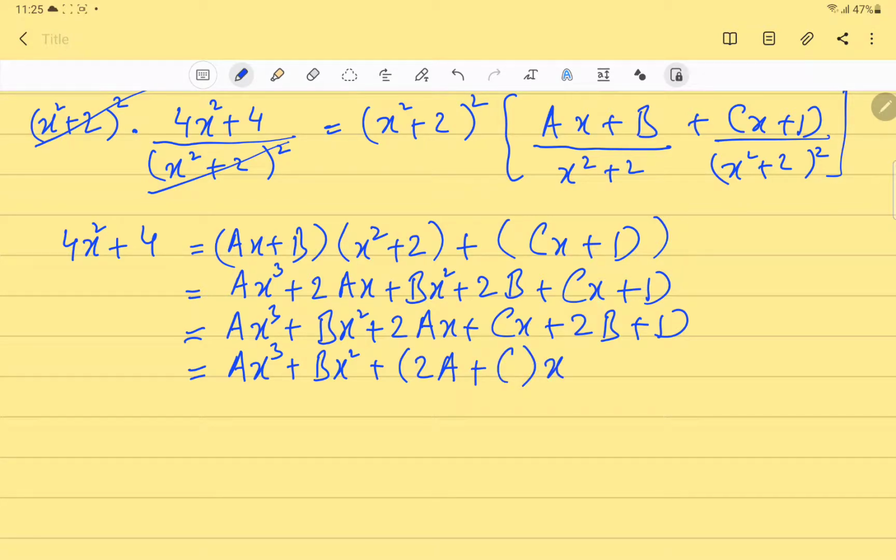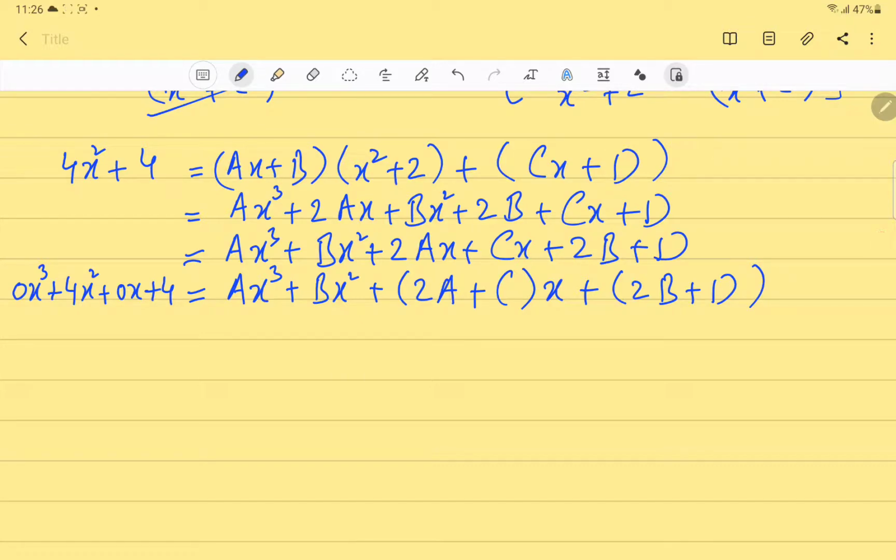So we will take x common and we will be left with 2a plus c in the bracket, and we have one expression 2b plus d which is without any x. On the left side we will be writing 0x cubed plus 4x squared plus 0x plus 4.